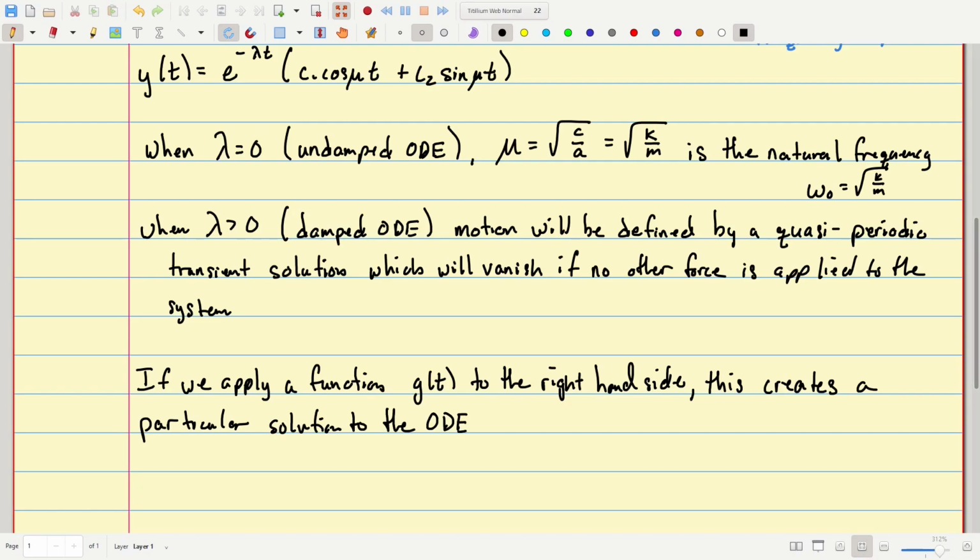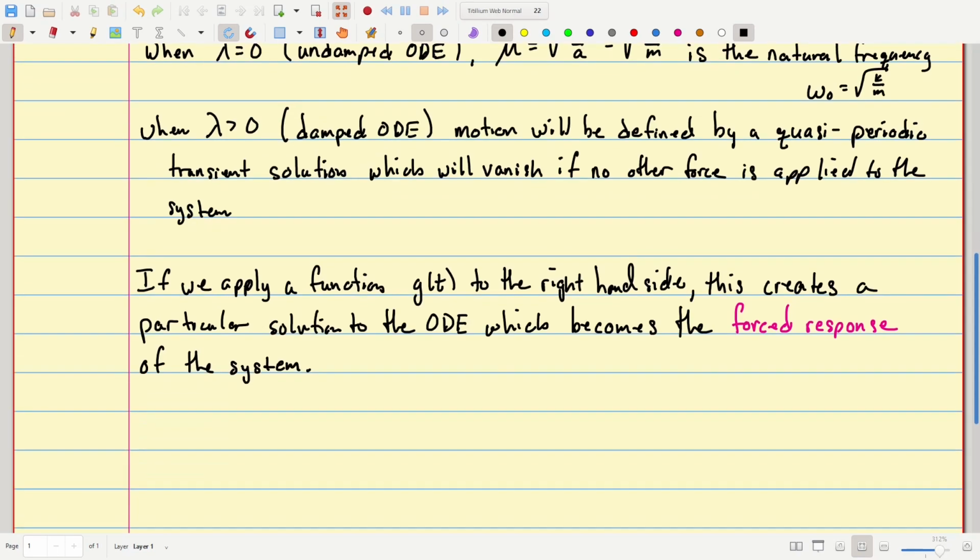This gives us a particular solution to the ODE. Okay. It generates what's called a forced response.